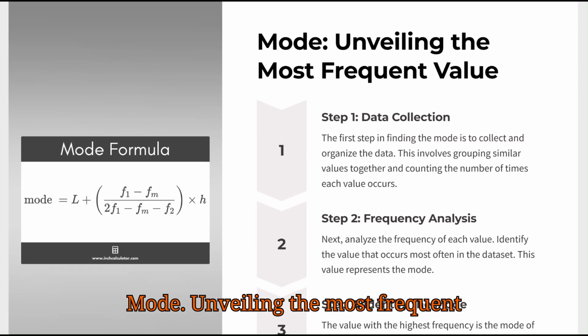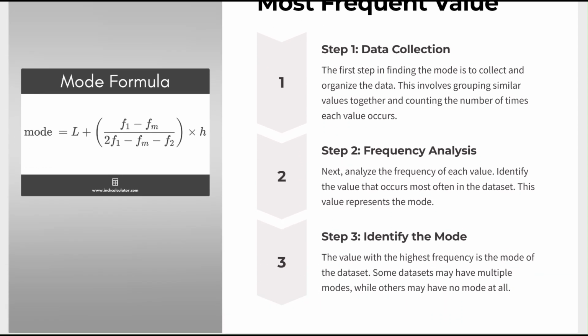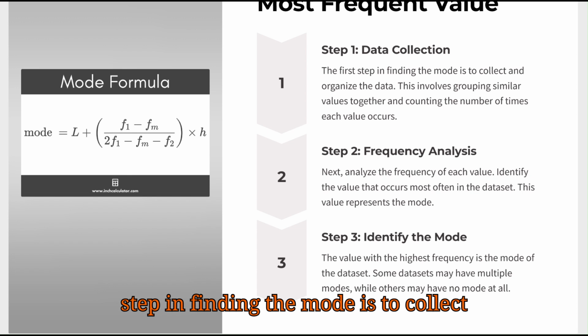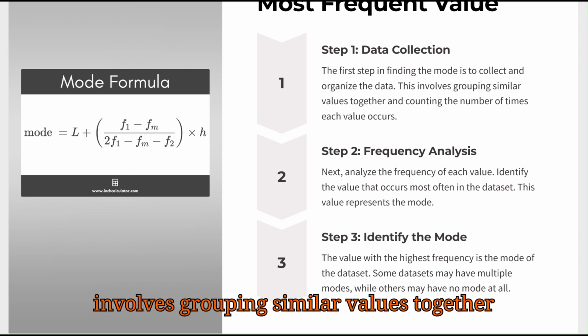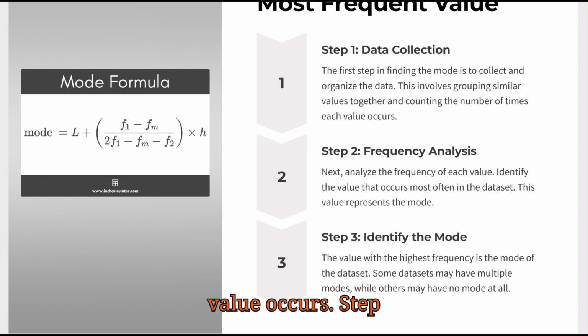Mode: unveiling the most frequent value. Step 1. Data collection. The first step in finding the mode is to collect and organize the data. This involves grouping similar values together and counting the number of times each value occurs. Step 2. Frequency analysis.